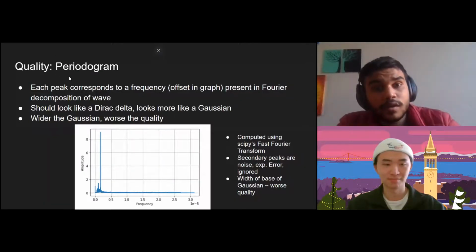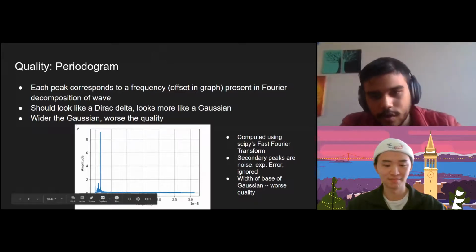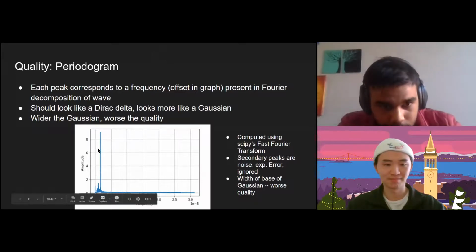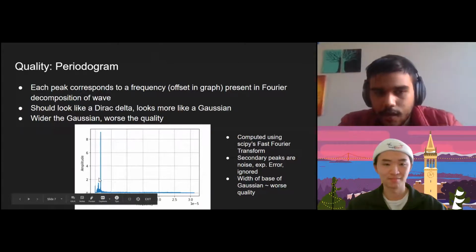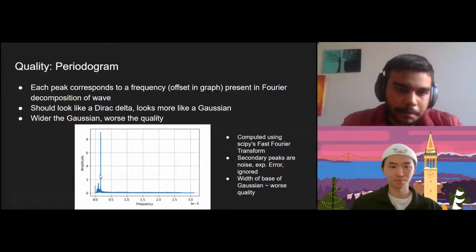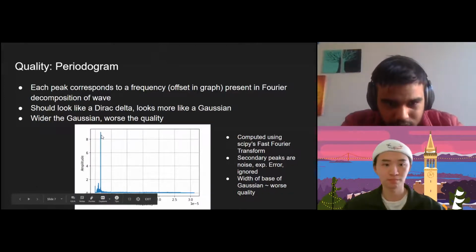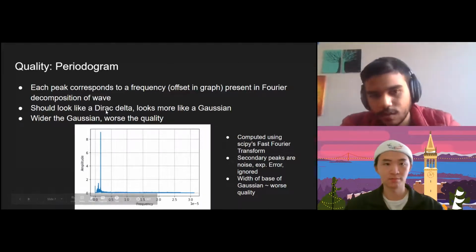The other quality measure we used was the periodogram, which I don't want to take too long on, but basically it is a graph where each peak tells us what frequency is present in the waveform. If it is a pure sinusoid, we should expect just one sharp peak and everything else flat, like a Dirac delta function, if you know what that is.